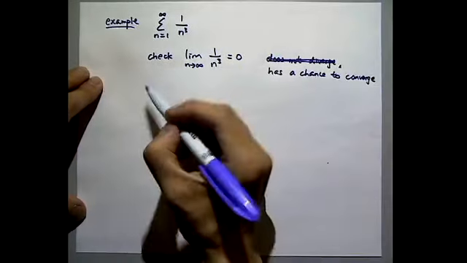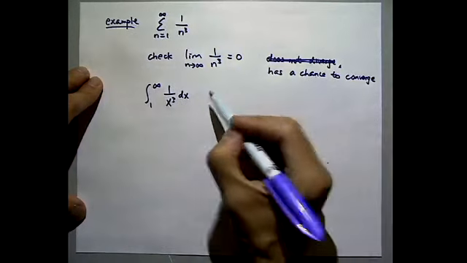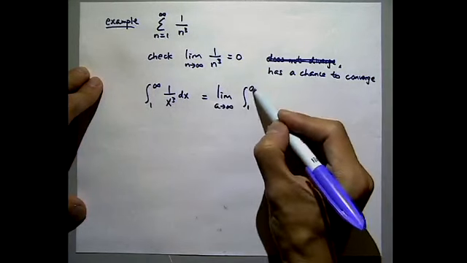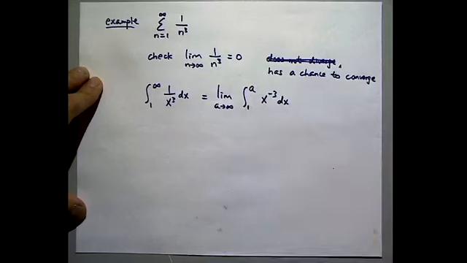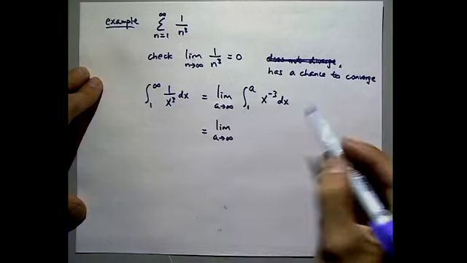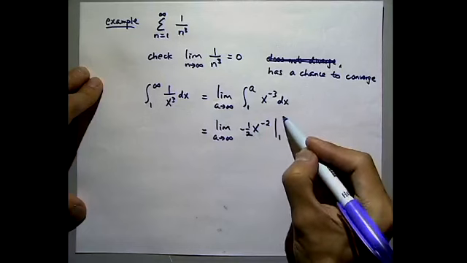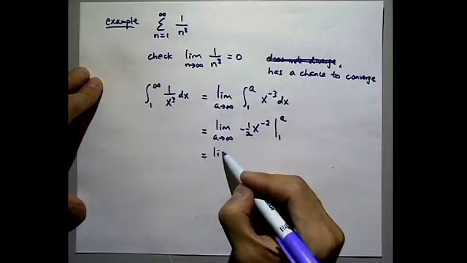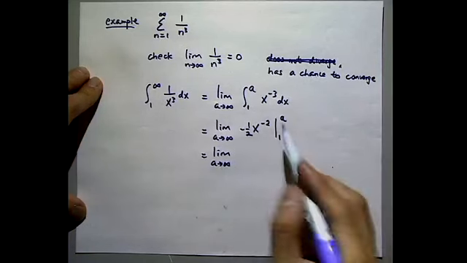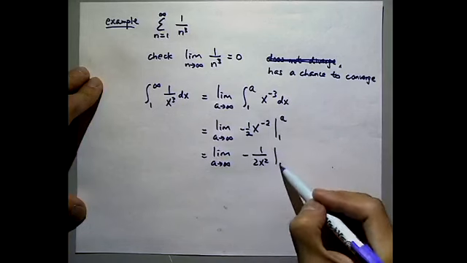Okay, now we just got to integrate this. 1 to infinity, 1 over x cubed. We've done this many times. And what do we get? We get minus 1 over 2x squared, from 1 to a.